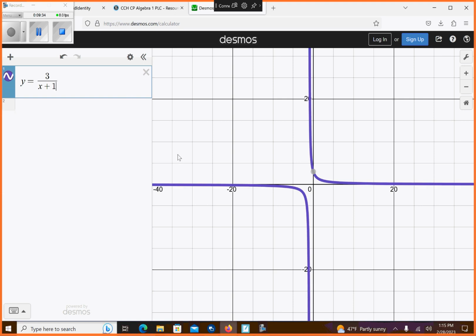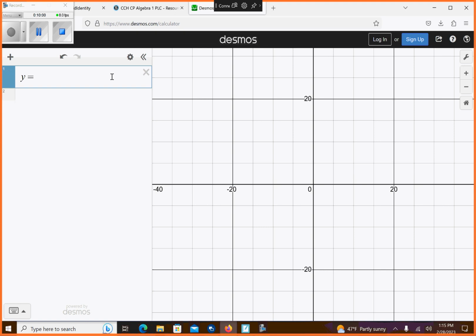So x plus 1, as I go to infinity, if I go forever to the right, where does that purple line look like it's getting really close to? So if I plug numbers in and my fraction becomes a smaller and smaller fraction, it gets to 0.